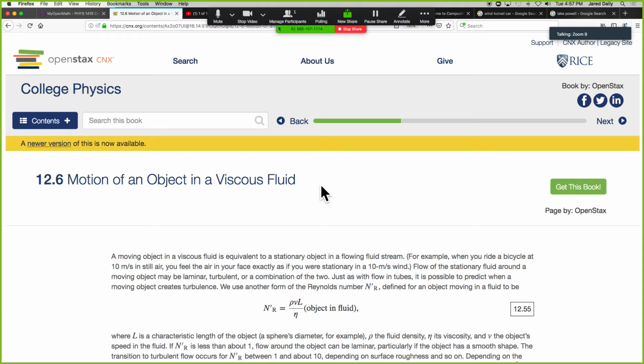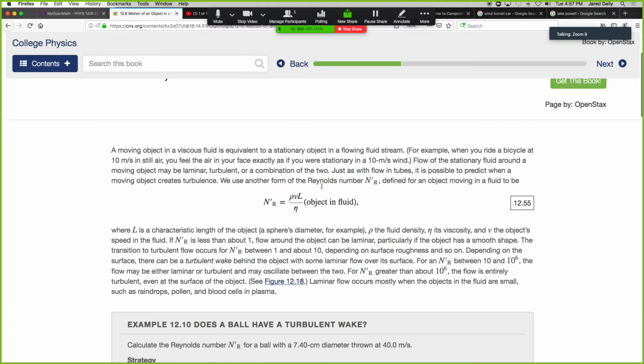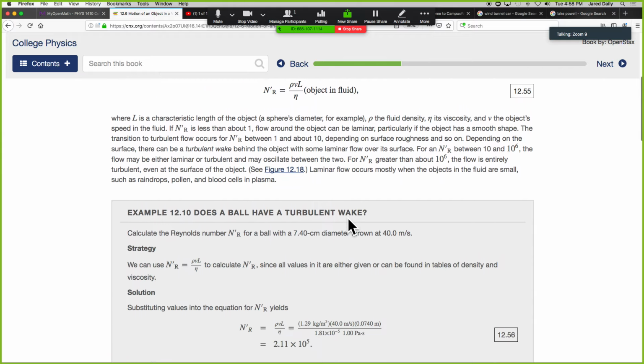You can also calculate the Reynolds number for an object moving through a fluid. In that case, it's rho of the fluid times the velocity of the object, times what is called the characteristic length of the object. And that's actually kind of how big the object is facing the direction it's going in the fluid.